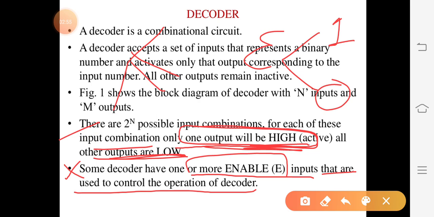If we pass 0 to the decoder, then whatever input combination we pass, it will always give 0 decimal number. That means it will always generate 0 as the output. So we always consider that the enable input is 1. If enable input is 1, then the output depends on the input combinations. So this point is not of your business. Just leave this point. We will discuss the above 4 points.